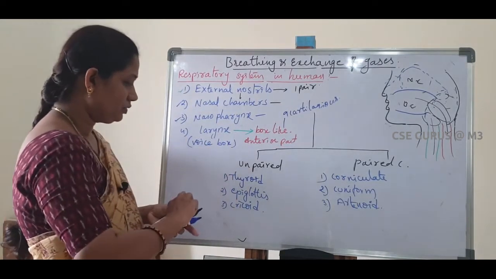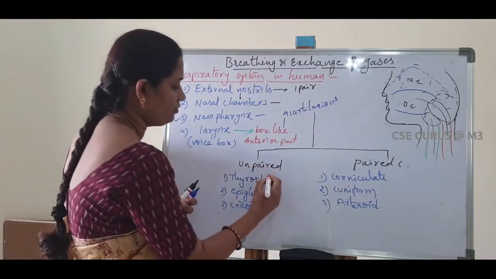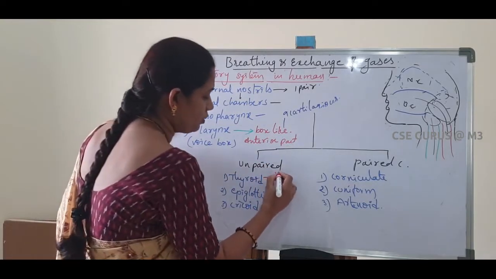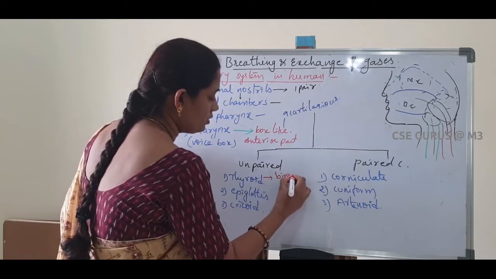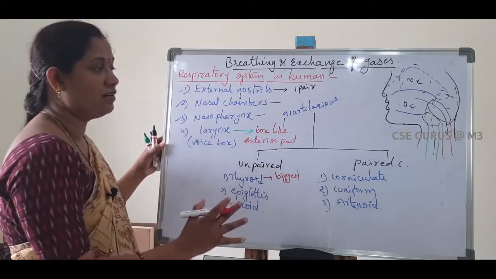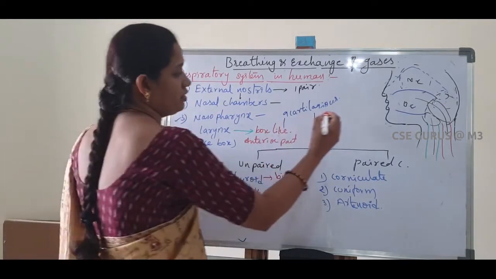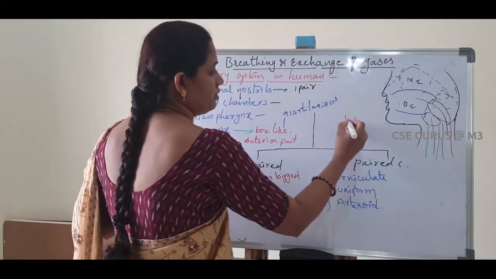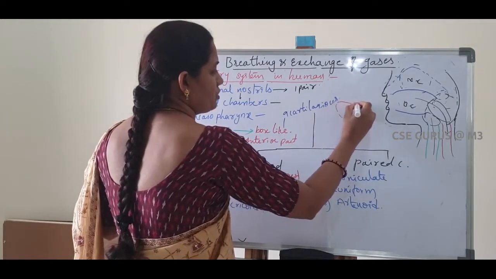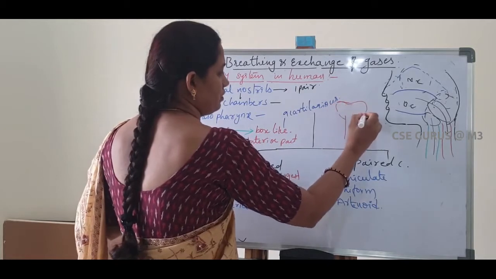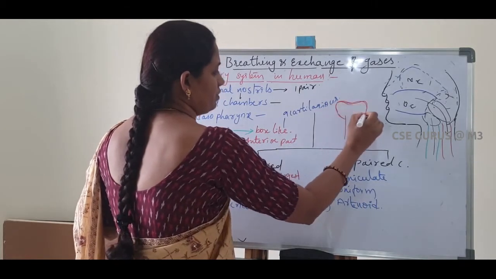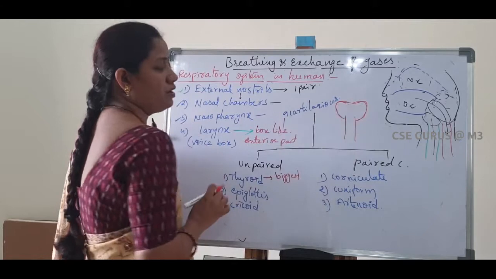Next, the thyroid cartilage is the longest or biggest cartilage. Most of the larynx is covered by this thyroid cartilage. For example, this is the trachea, and here this is the thyroid cartilage.